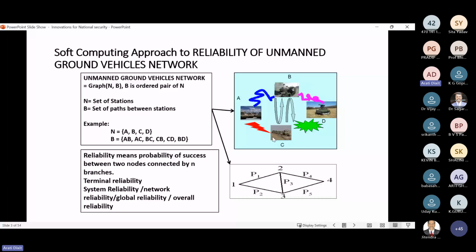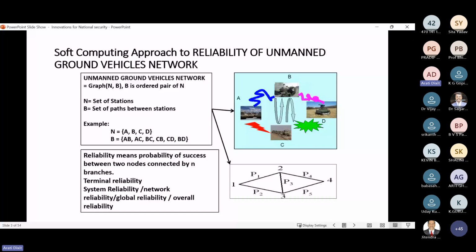Reliability, as we saw earlier, is the probability of success between two nodes connected by n number of branches. For example, I want to move a vehicle from station 1 to station 4. What is the probability of success? That is what we are really keen to understand.